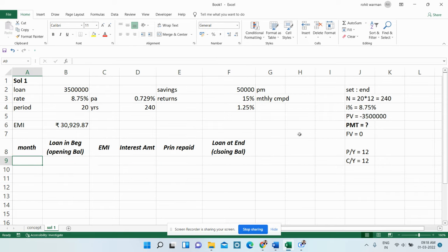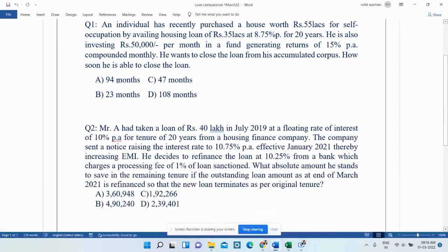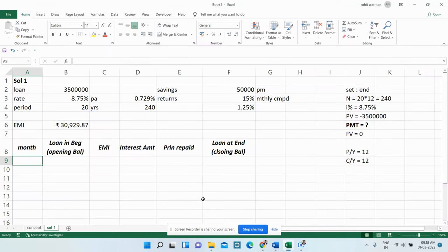So see, as I said, when we are doing it on the calculator, then we have to go with the options. Options means 94, 47, 23, 108. Fine. So we have to at least do three trials. In Excel, I will go in a very straight way.